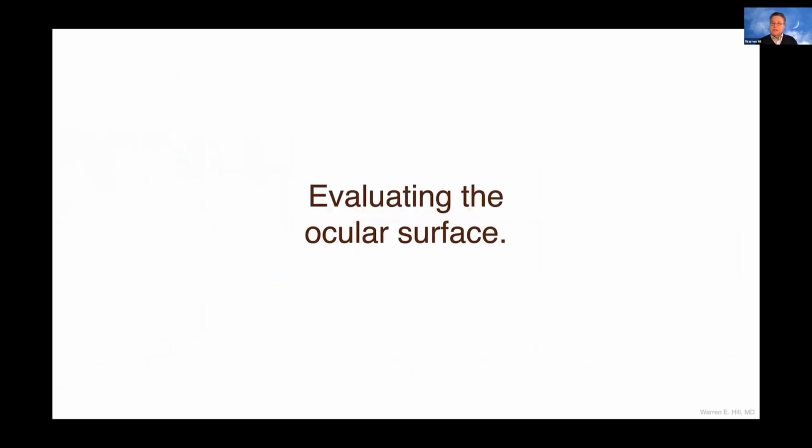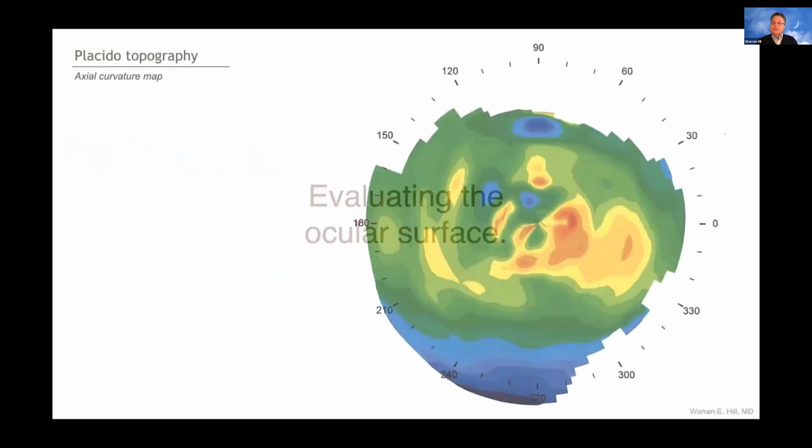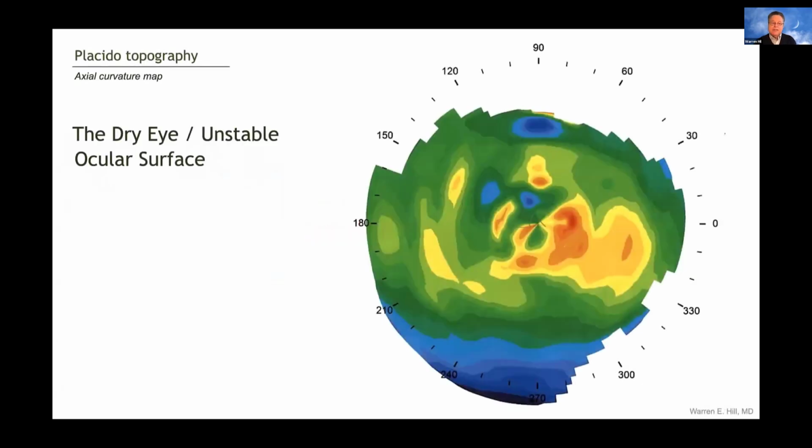So let's talk about some other uses for topography that we have. And one of the things that here in Arizona where I live, which is in a desert area, that's very useful for us is evaluating a dry eye or an unstable ocular surface. And here almost everybody has an unstable ocular surface. So if you look at a topographic map, this is an axial curvature map, and you see all these multiple flat and steep islands, this isn't a patient with an abnormal cornea other than an abnormal ocular surface.